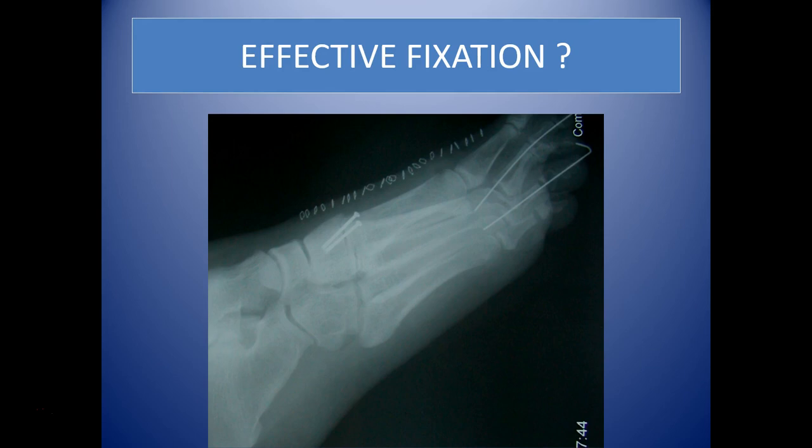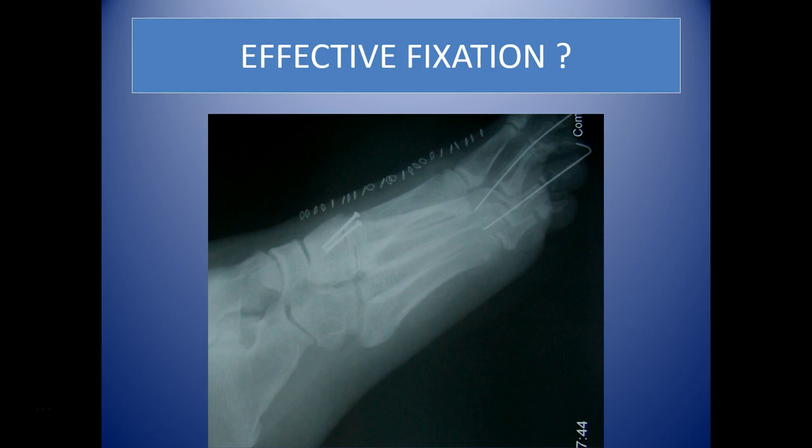And I think most people looking at this X-ray would likely question the robustness, if you will, of the fixation utilized. So this patient went on to a painful non-union and required grafting and a revision surgery.